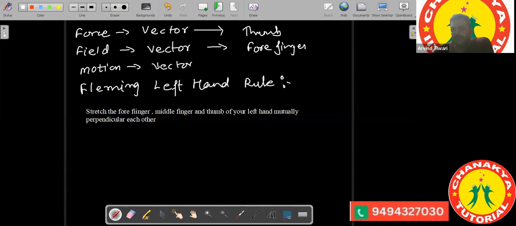And the middle finger gives you the direction of current, not motion. Motion is in the direction of force. So the third one is your current. The direction of current is given by your middle finger.